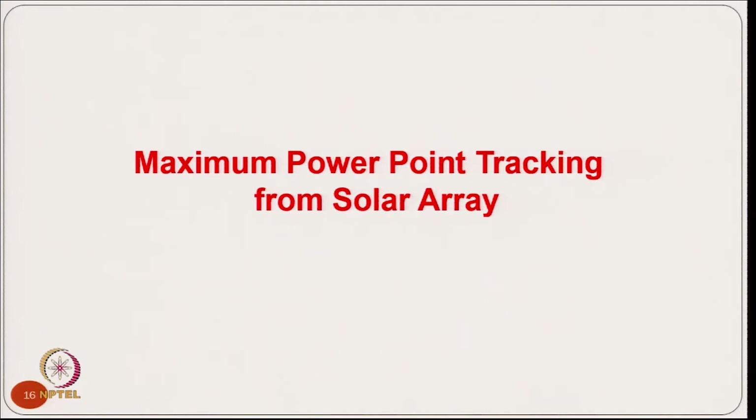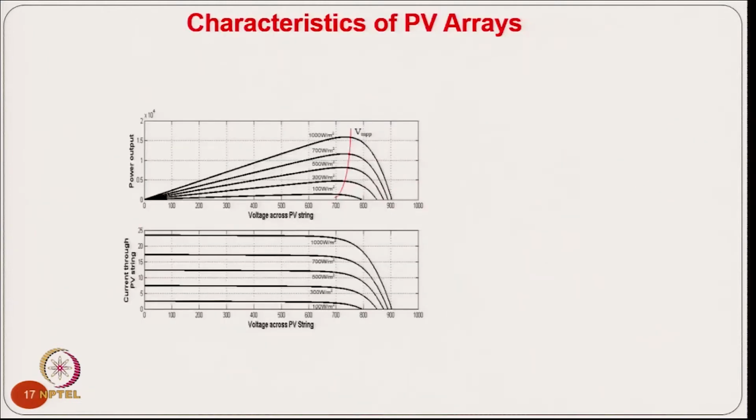Coming to maximum power tracking, because you have already made a big investment in the panel, you would like to use the maximum power. This becomes a very interesting, challenging problem, because the solar insolation of the solar PV keeps changing through the whole day. These are the typical characteristics: the power changes with the solar intensity, this is the current and voltage characteristic, and this is the power versus voltage characteristic.